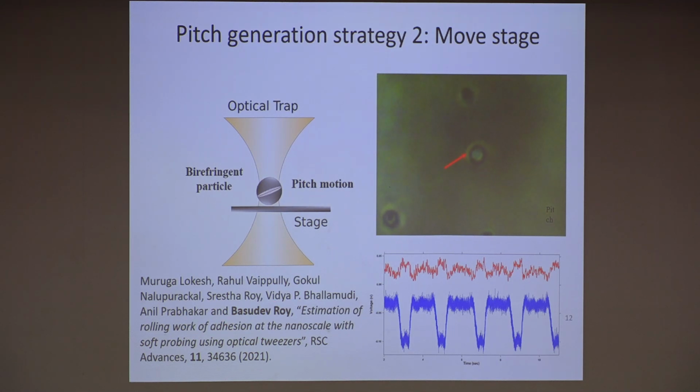And this has the added advantage that, since the particle has been pressed down, it is relying on the adhesivity of the surface. So you can find out the adhesivity of the surface on a different, soft probing scale. If you want to find the adhesivity of surfaces with an AFM cantilever, you have to poke it into the surface, and that would fuse the tip into the surface, and when you pull it back, you get a configuration which is very different from what we have here, because this is soft probing, and that is hard probing.